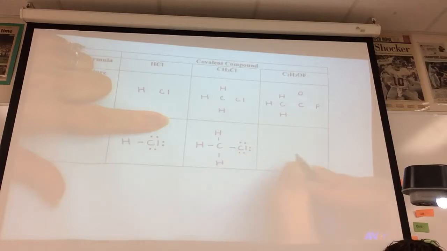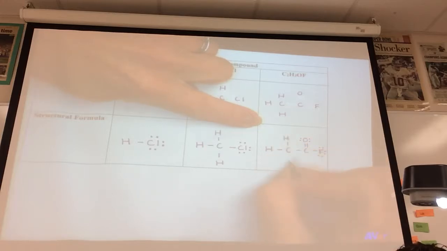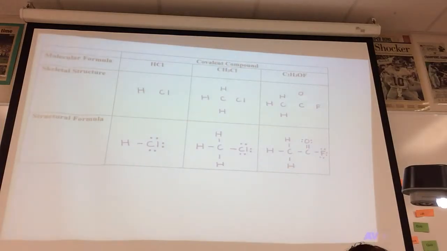We'll go through some of this. And again, the structural formulas are going to connect the atoms according to certain rules that we will go over. So those are the structural formulas. They not only show you the way the atoms are arranged, but how they're linked together.